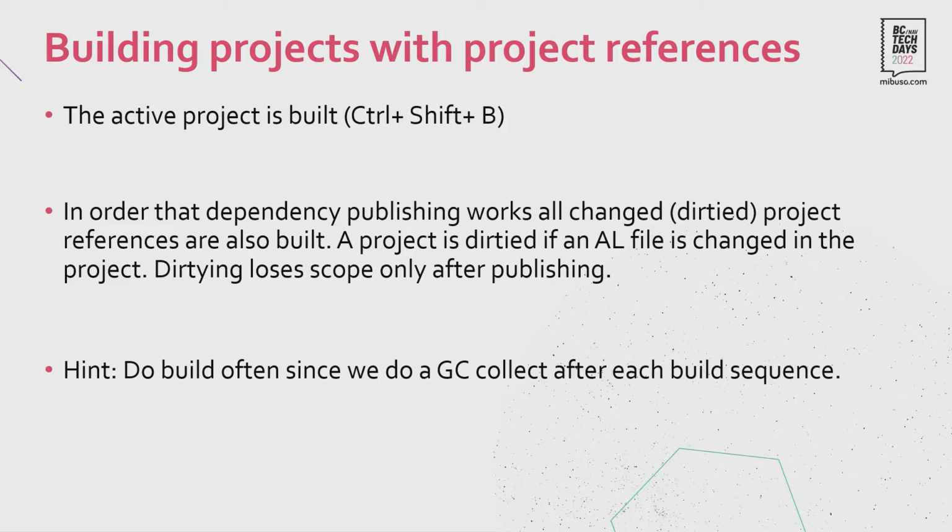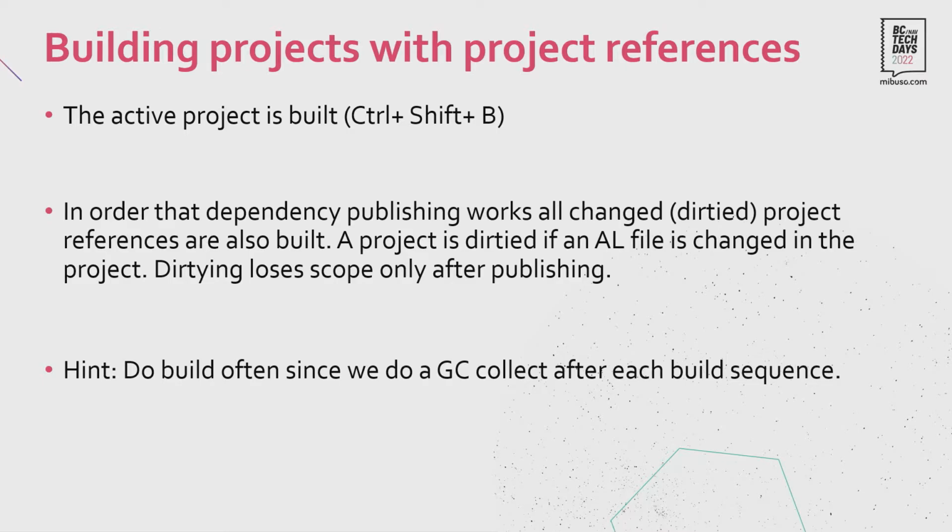Let's talk about building projects with project references. You always build the active project. But if the project references have so-called red change, which means that you change an application object file, then we are going to build in forward topological order, which means that we are going to build a project reference first, and then we are going to move backward, but only if those projects have been dirtied.